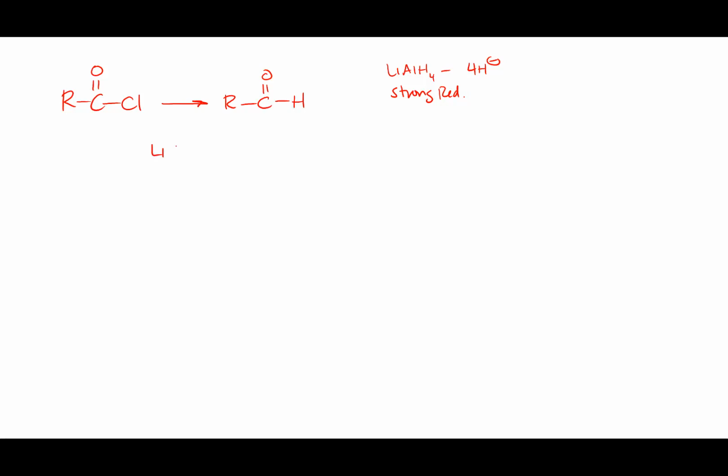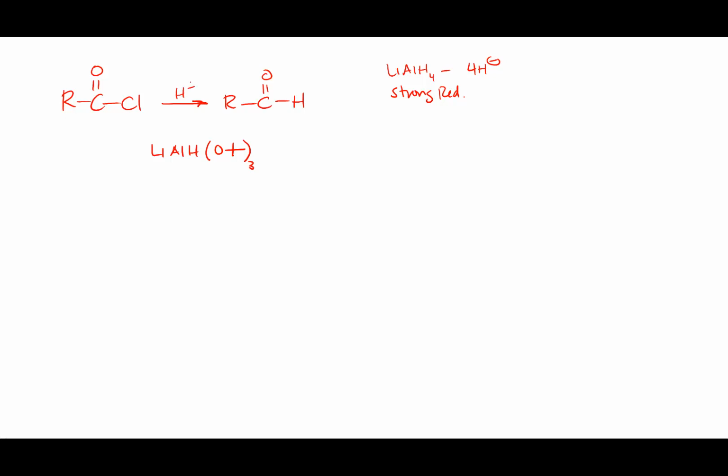What you do is you put on one hydride, and you replace the other 3 with tertiary butoxides. So you still have 4 negative charges attached to the aluminum, but 3 of them are tertiary butoxides. Now I have 1 H minus, and I have a reagent that's a lot less reducing.